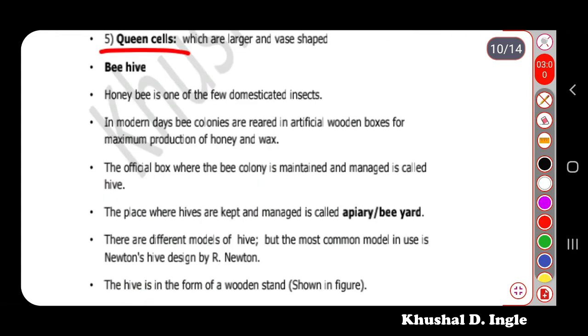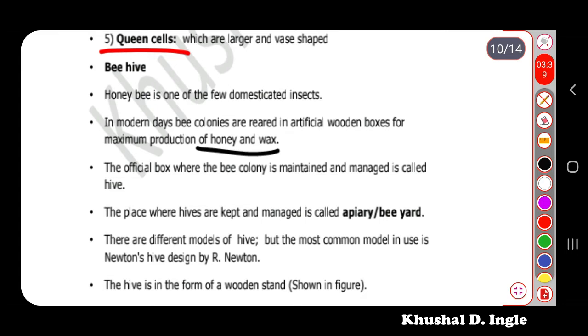Then about the beehive. Honeybee is one of the few domesticated insects, because insects generally cannot be domesticated by human beings, but the honeybee is one of the few. So in modern days, bee colonies are reared in artificial wooden boxes for maximum production of honey and wax.